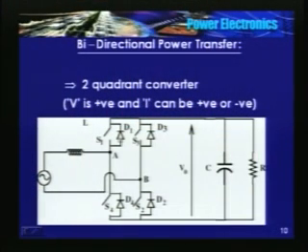See, in this bridge we have all 4 self-commutating switches. We have connected a capacitor here, therefore the polarity of V naught cannot change. Can I change in this link?